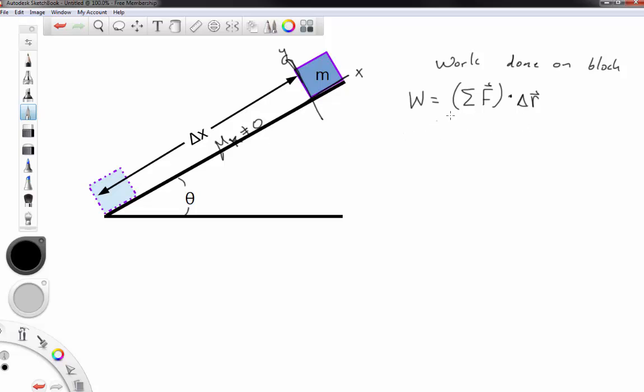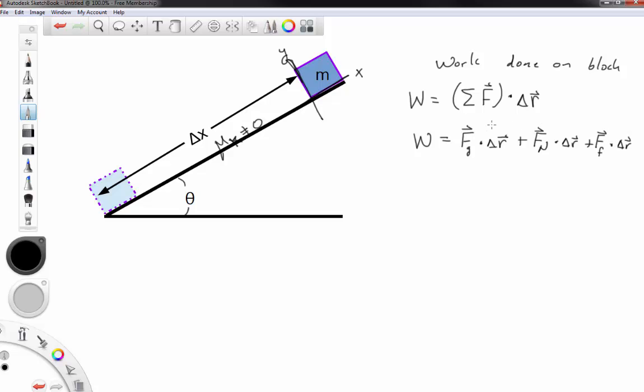We can find this by taking each individual force and dotting it with the displacement. So the work done is gravity dotted with the displacement, plus the normal force dotted with the displacement, plus the force of friction dotted with the displacement.